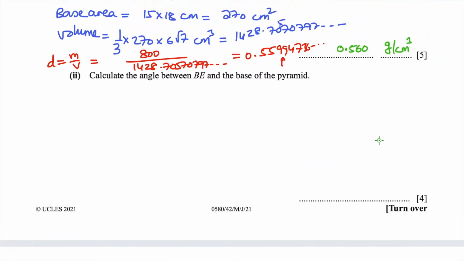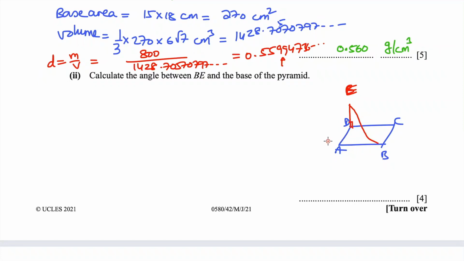Calculate the angle between BE and the base of pyramid. So what do we know here? We know that this is the base ABCD, and we know this height ED.